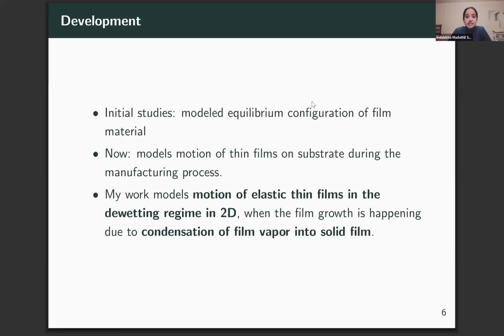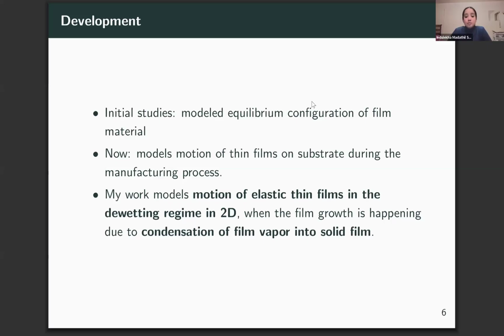The initial mathematical studies were focused on figuring out the equilibrium configuration of the film on the substrate, depending on minimization of surface and elastic energy. And later, the theory was developed to take care of the movement of the elastic thin films on the substrate during the manufacturing process.